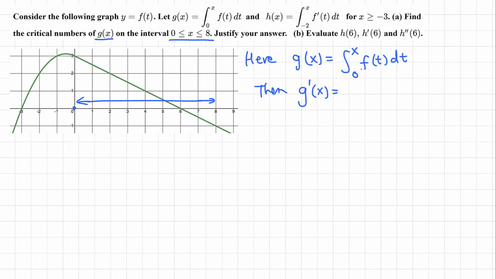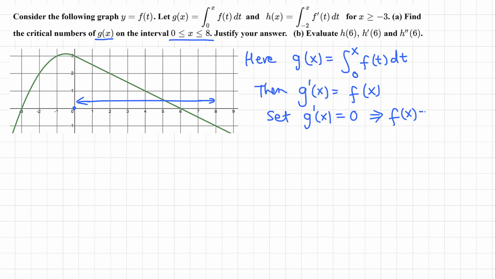By the fundamental theorem of calculus, when we take the derivative, only the function survives and picks up this variable x, f of x, and this is a constant, so we just ignore it. So the derivative is simply this function. Now we set the derivative to 0 to find critical numbers.